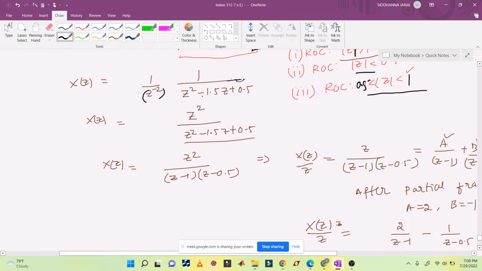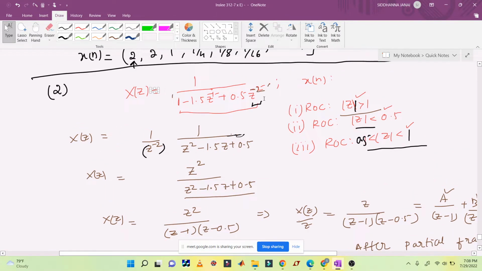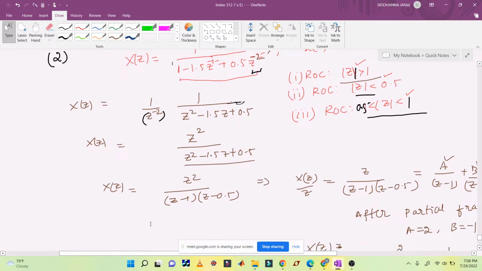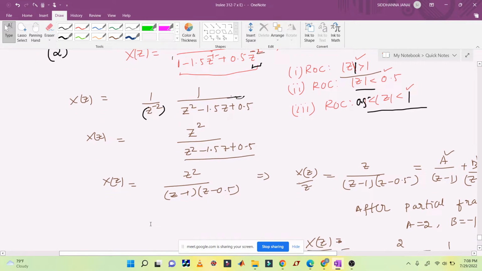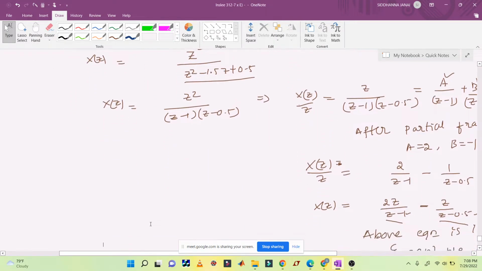In this method you can do, or you can continue with the Z inverse itself, and the final answer will also be in Z inverse. So you have to make it in the form of Z at the end itself. Both the answers are valid.